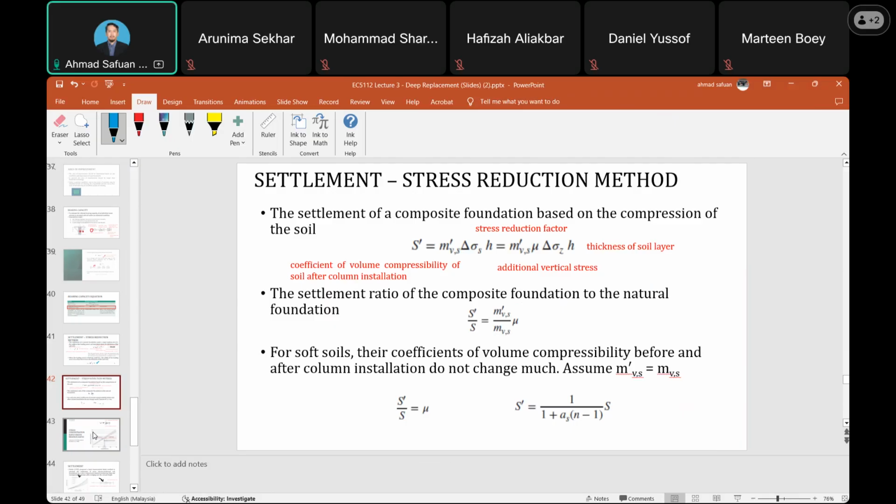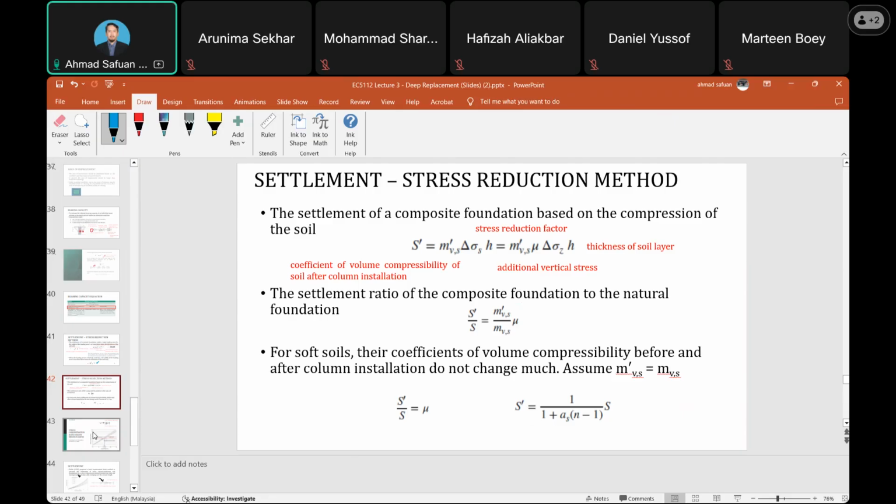By using the stress reduction factor, we can estimate the settlement. The coefficient of volume compressibility of soil after column installation, and the settlement ratio of the composite foundation to the natural foundation.